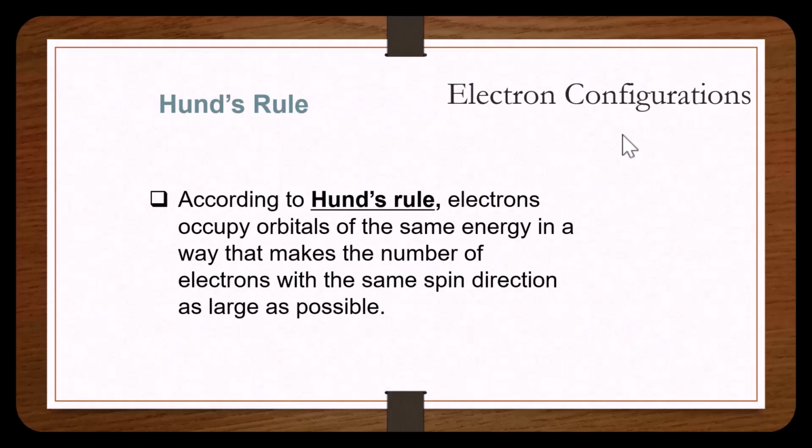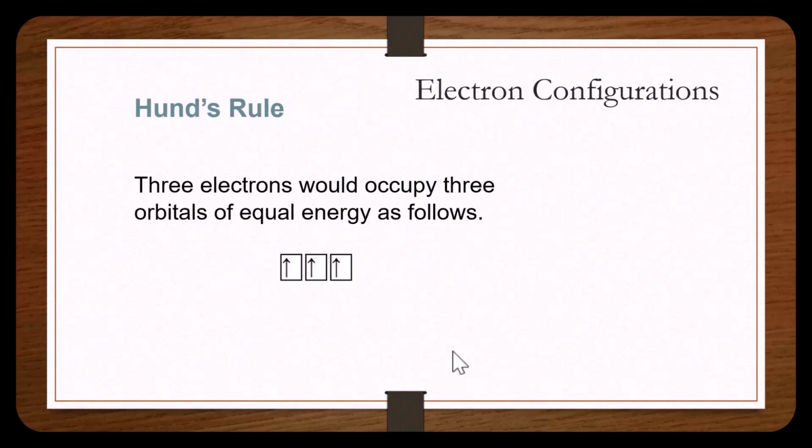The third rule for electron configuration is called Hund's rule. According to Hund's rule, electrons occupy orbitals of the same energy in a way that makes the number of electrons with the same spin direction as large as possible. 3 electrons would occupy 3 orbitals of equal energy as shown below.